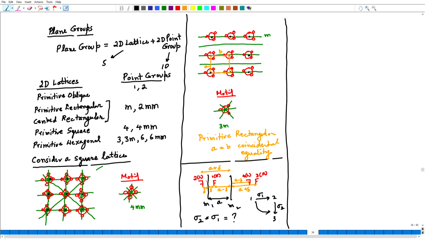Motif 1 was right handed, motif number 2 was left handed, motif number 3 became right handed again. Handedness is the same for motif 1 and motif 3. So the only operation that can take me from 1 to 3 is a translation operation, through a translation vector t.